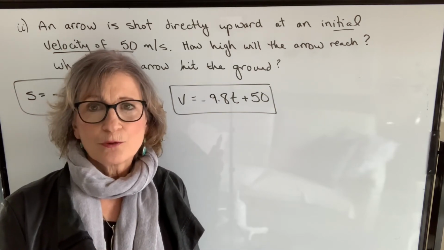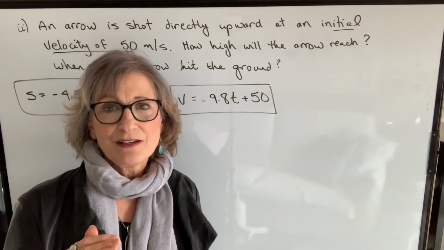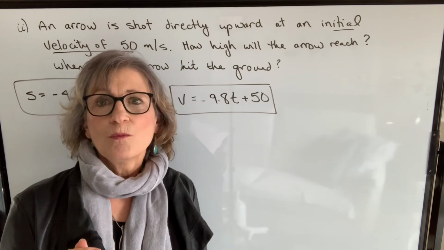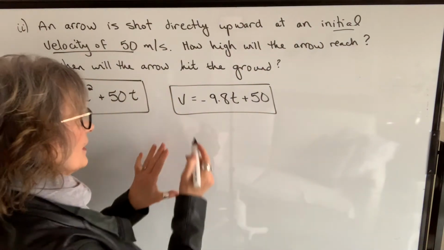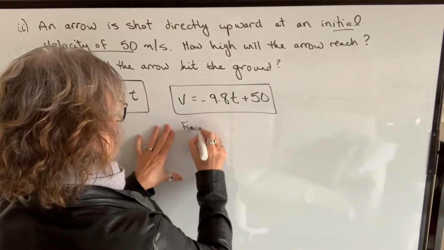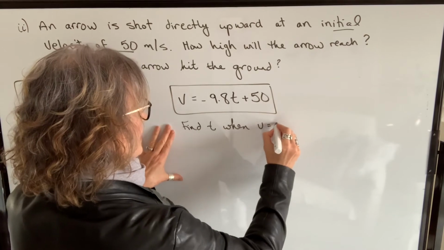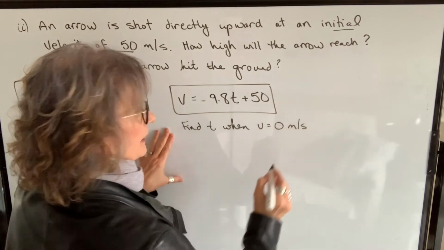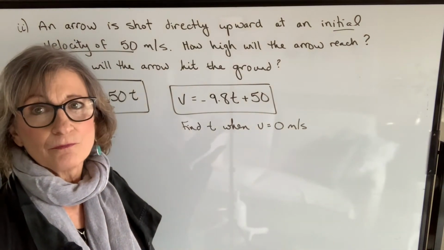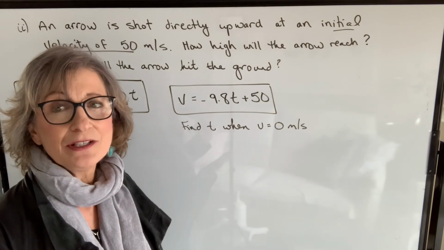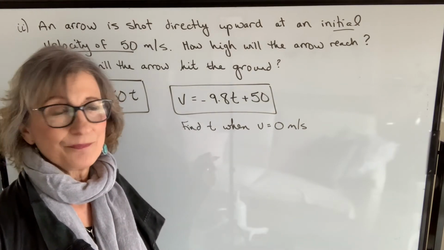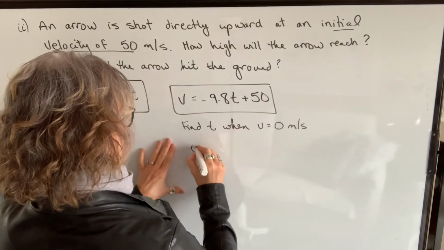We know that arrow will reach its highest displacement when the velocity is 0. So let's find t when velocity equals 0 meters per second. That's the point where the arrow stops going up and starts coming down, and that's going to be the highest height. So we plug a 0 in for v.